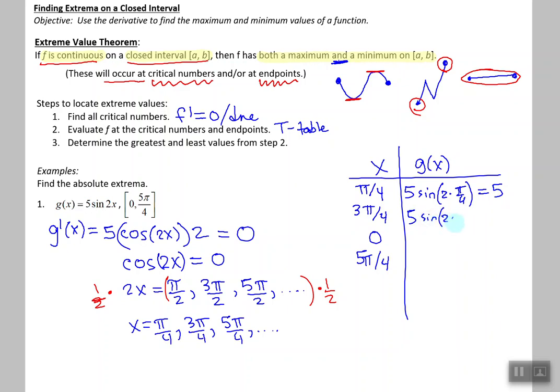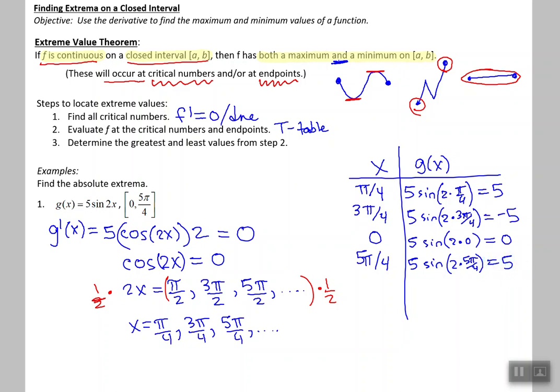Sine of 2 times 3 pi over 4 makes sine of 3 pi over 2, which is negative 1, times 5 is negative 5. 5 times the sine of 2 times 0. Sine of 0 is 0, and 5 times 0 is 0. And finally, 5 times sine of 2 times 5 pi over 4, which is 5 pi over 2, which is 1, and 5 times 1 is 5.